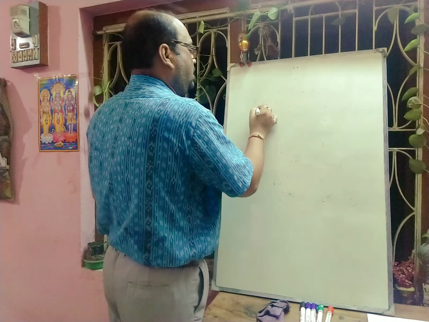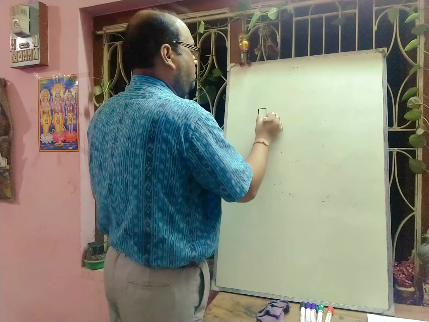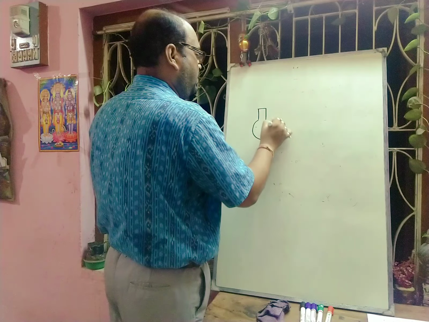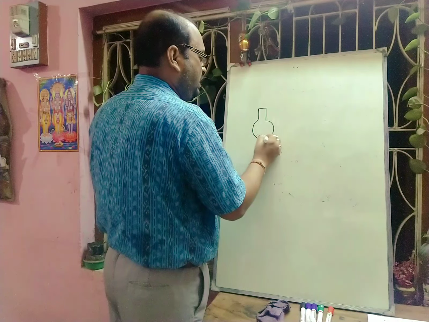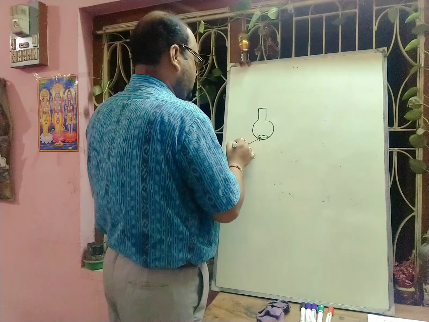First we have to take one round bottom flask. In this round bottom flask, at the bottom we will take the sodium chloride salt. It is the rock salt.